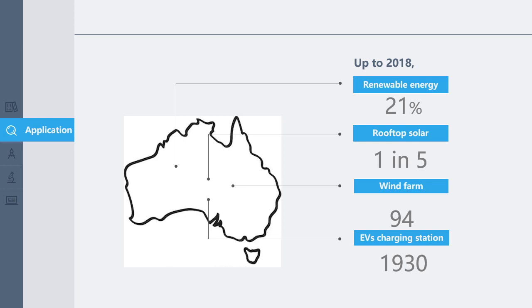There was at least one household with rooftop solar panels for every 5 buildings. 94 wind farms have been constructed around the country, and there are 1,930 electric vehicle charging stations. DERs are widely applied in Australia, and as a result, the construction of virtual power plants is very essential.